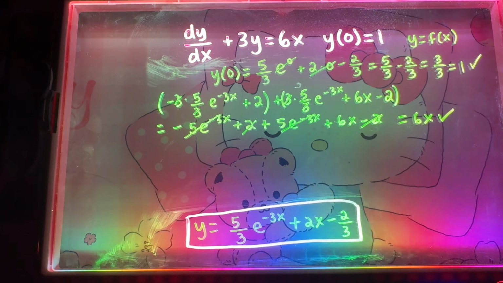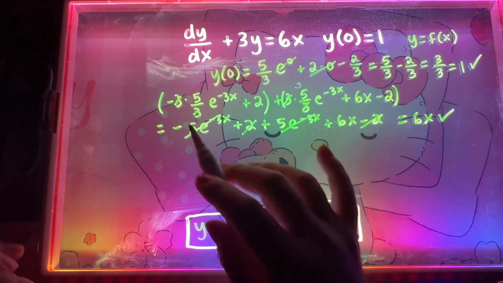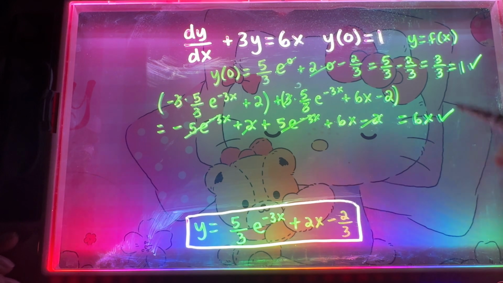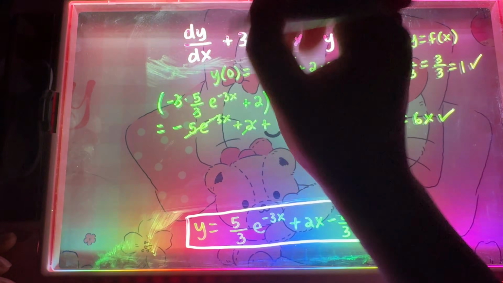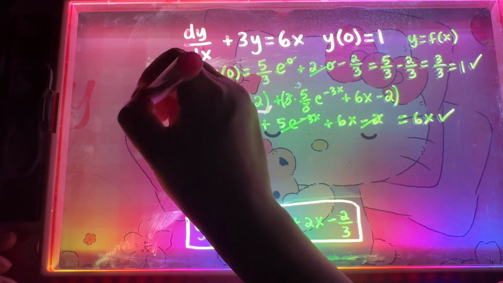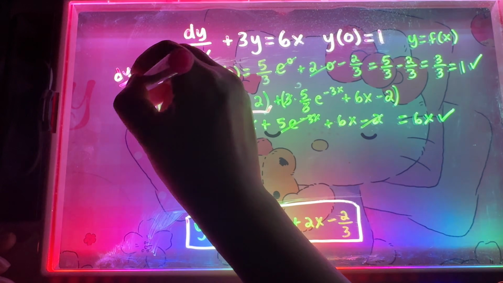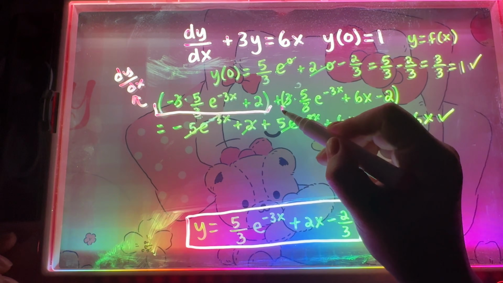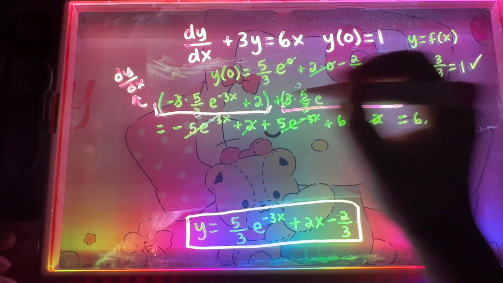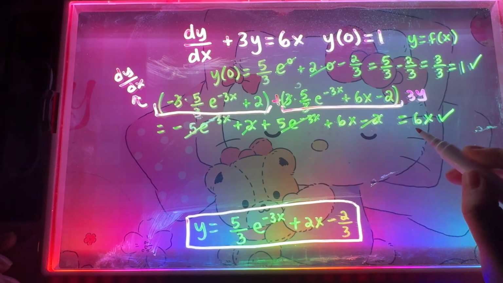Oh, phew. Okay, so no calculation issues. So it looks kind of messy, but all these terms end up canceling out. So just to be clear, this first parentheses part is the dy dx, and then this part is just 3y, and so we still have the plus here, and that equals 6x.